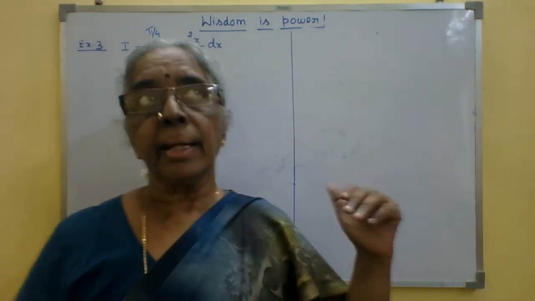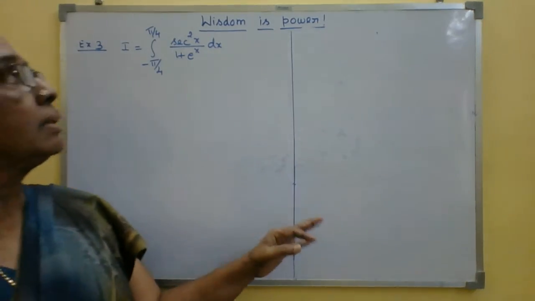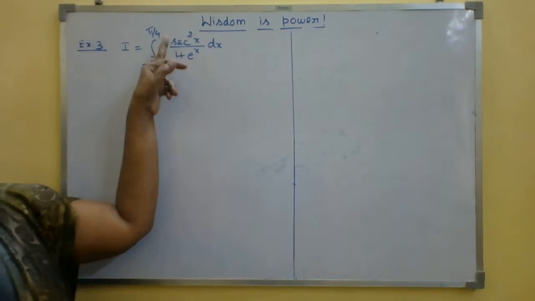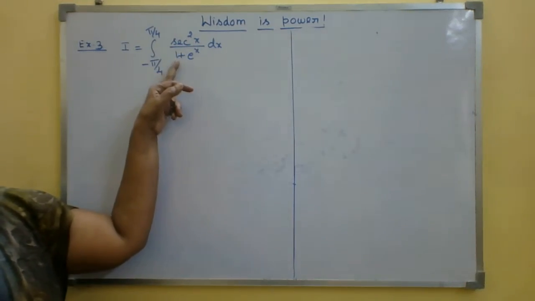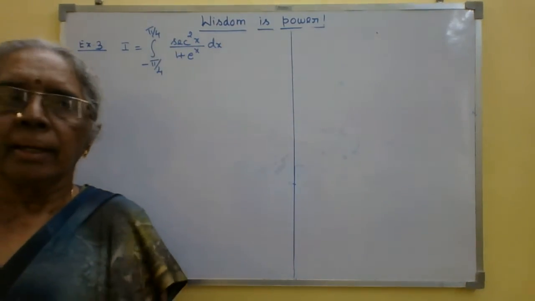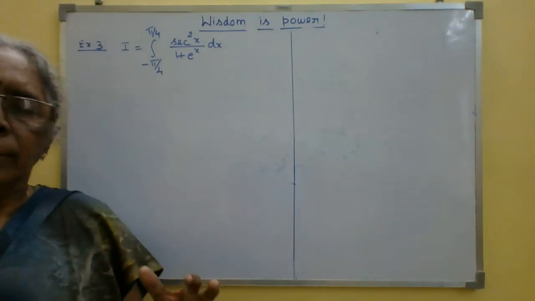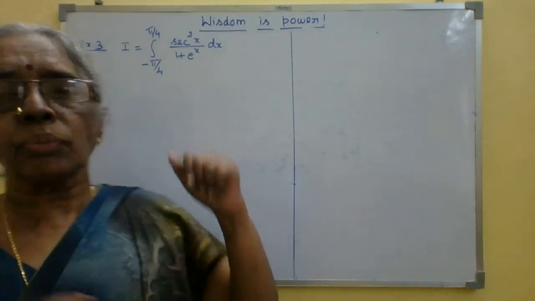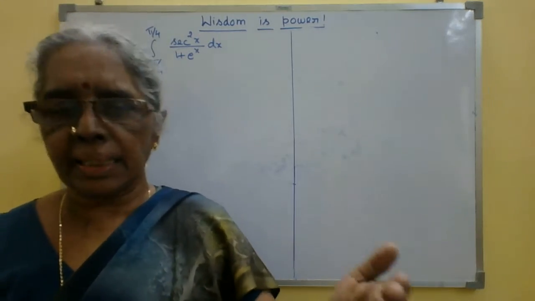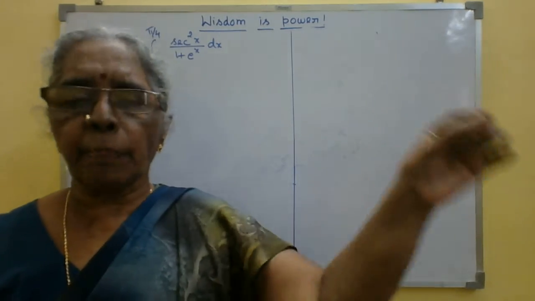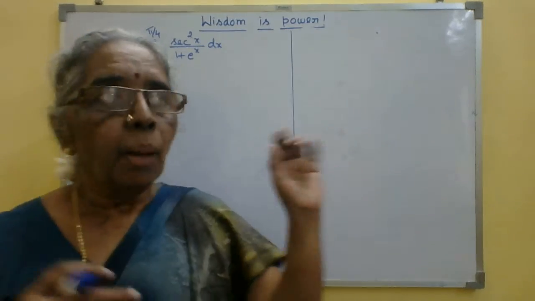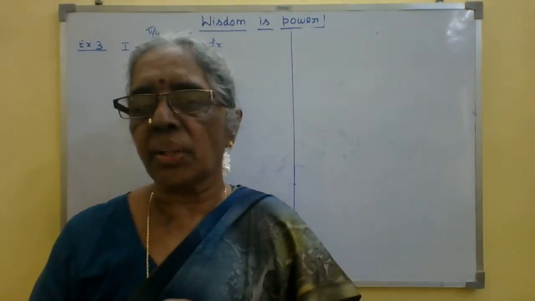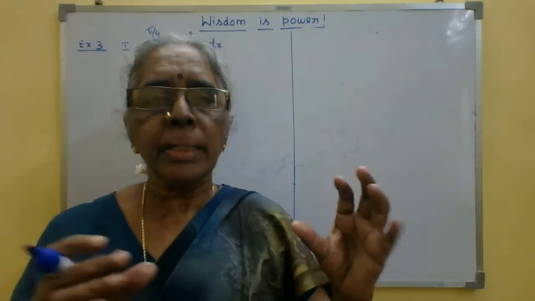Now let us see another example which is also a bit different. Here I is equal to integral minus pi by 4 to pi by 4 secant squared x by 1 plus e power x dx. Here the limits are again in the format of minus a to a. If you have secant squared x, you know it is an even function because secant x itself is an even function and the power is even. But when you come to this part, when you consider an exponential function, you cannot put it under any category.